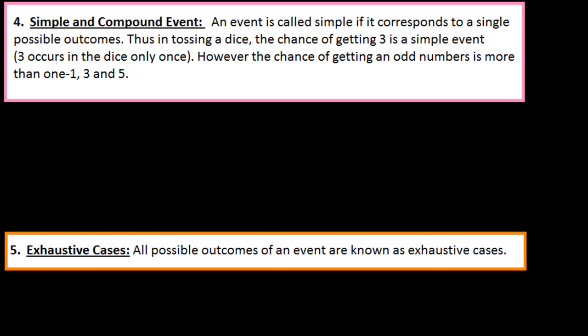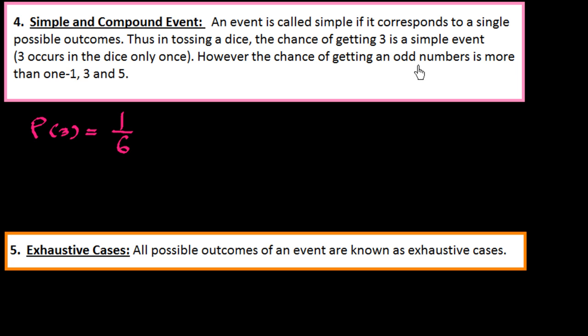Now the simple and compound event. An event is called simple if it corresponds to a single possible outcome. In tossing a dice, the chance of getting 3 is a simple event, because 3 occurs in the dice only once. Among the outcomes 1, 2, 3, 4, 5, 6, 3 is only once there. So the probability of getting 3 is 1 over 6.